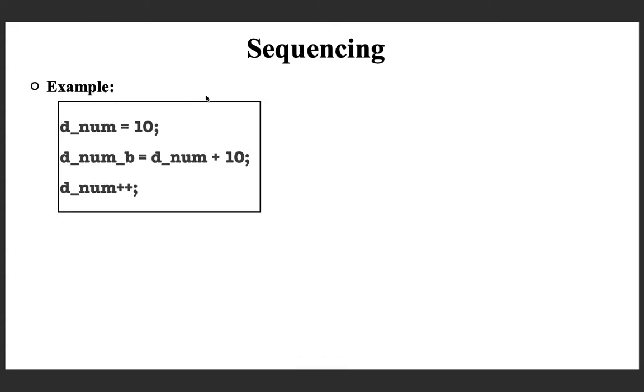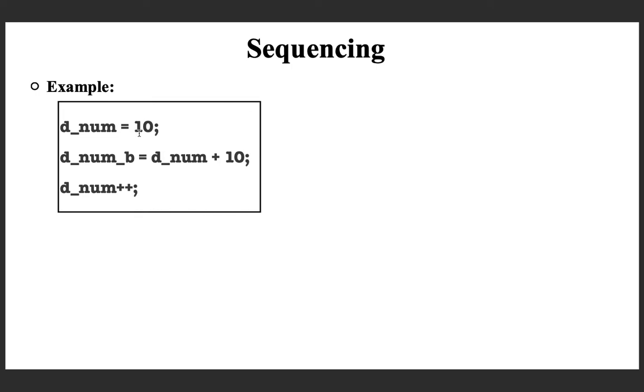Now we have expressions, and the expressions are used to build statements. Now we are going to see how we can combine statements to form a part of the program, and the process is what is called sequencing. Example, so here is a sequencing.